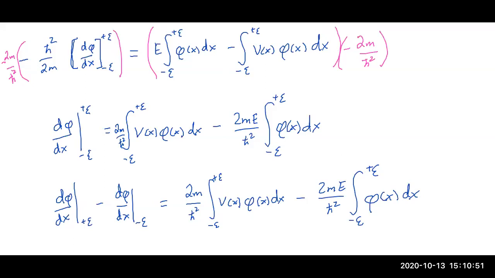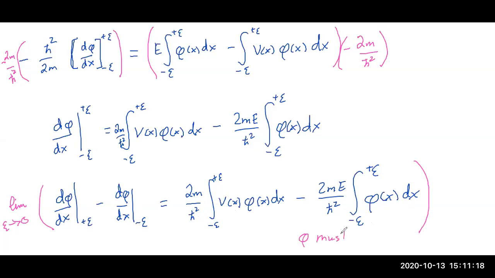Okay, so what we're going to do next is take the limit of this whole thing as epsilon goes to 0. So we don't know anything about V. V could be going to infinity. We don't know anything about these derivatives, if they're the same or not, but what we do know is that phi is continuous.